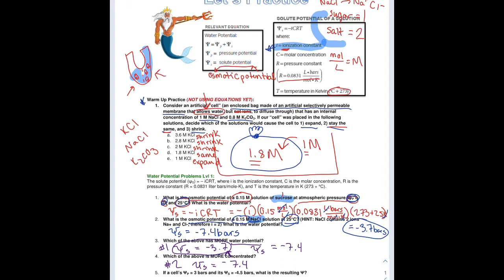You can kind of think of it as the more full it is of solute, the less potential it has to hold more solute. So the lower number is more concentrated because it has a lot of solute already there. And the one that has less solute has more water potential.